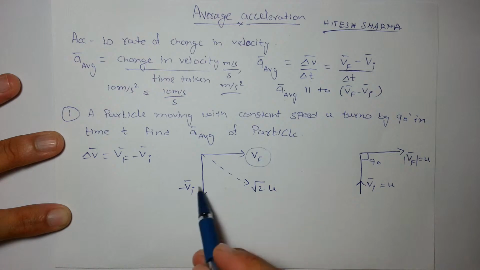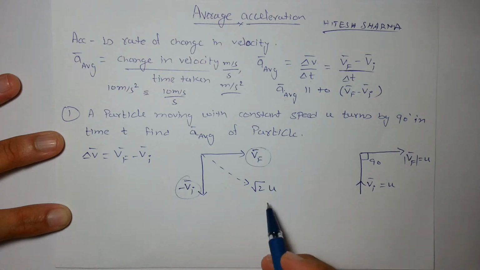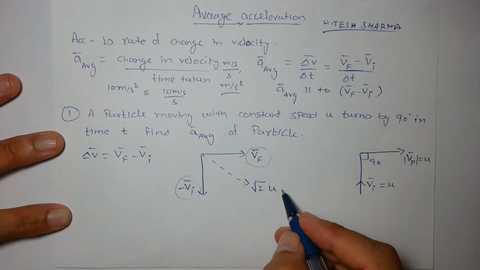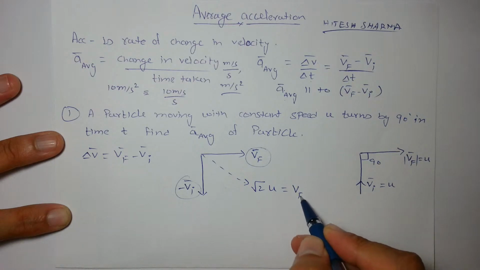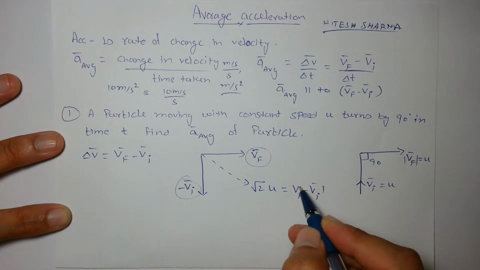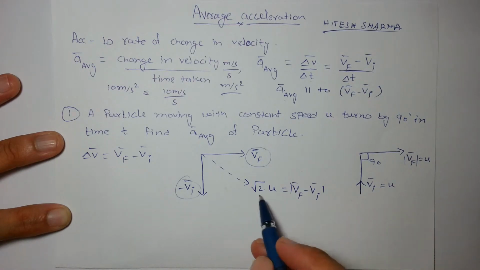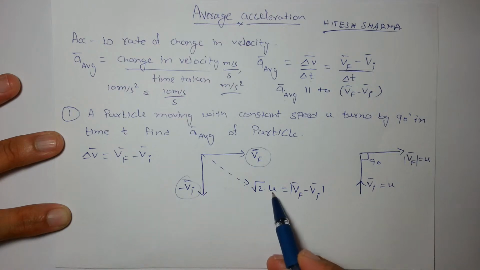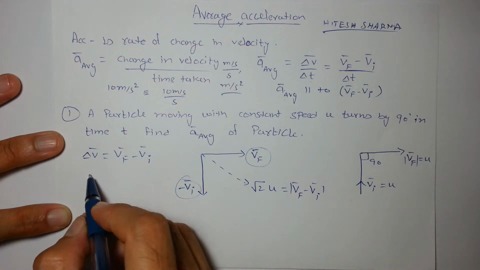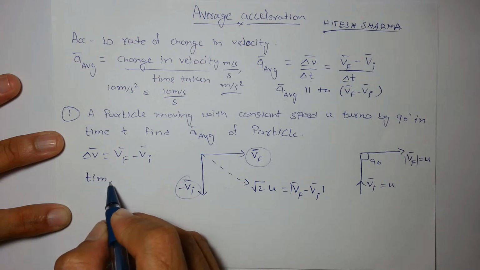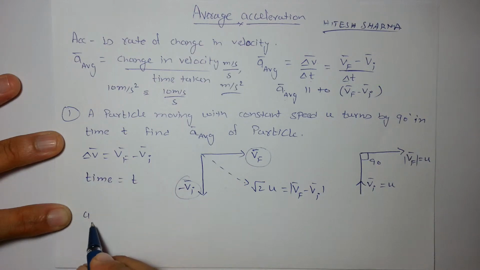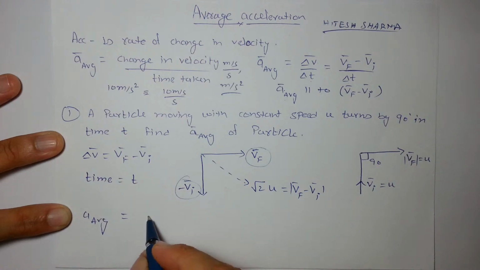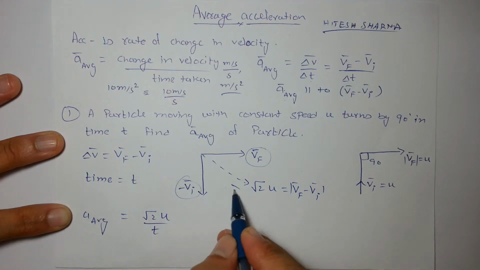Again, we need the resultant of v final and minus v initial, so the magnitude of v final minus v initial is root 2 u. The change in velocity is root 2 u and the time taken is t. So the average acceleration is simply root 2 u by t, and the direction is this.